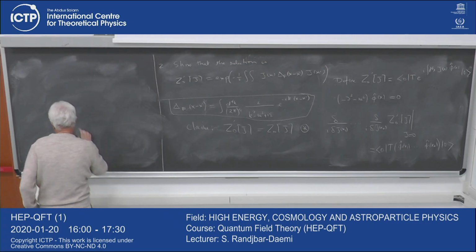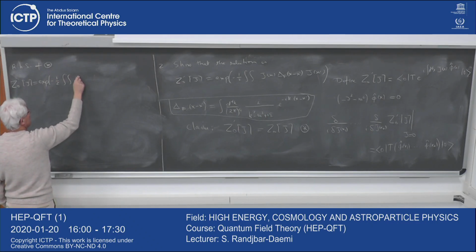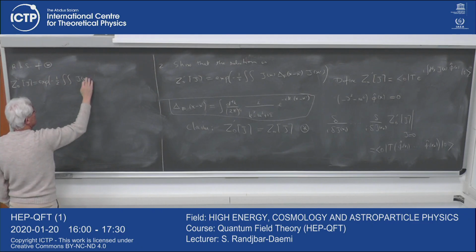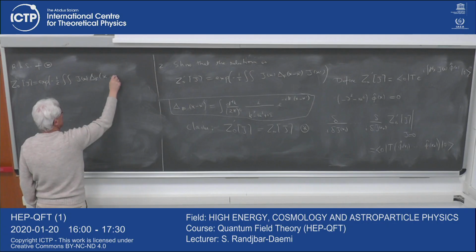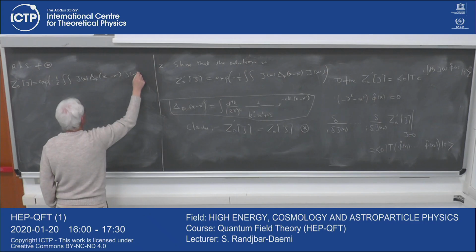So, the right-hand side. We know that Z0 of J is the exponential of minus 1/2 integral of J of x, delta F of x minus x prime, J of x prime.